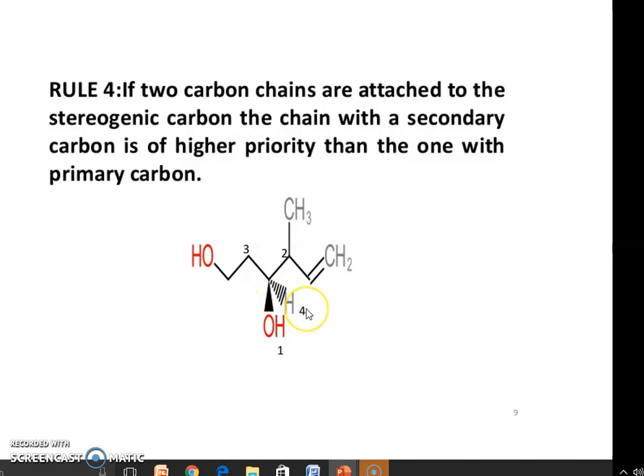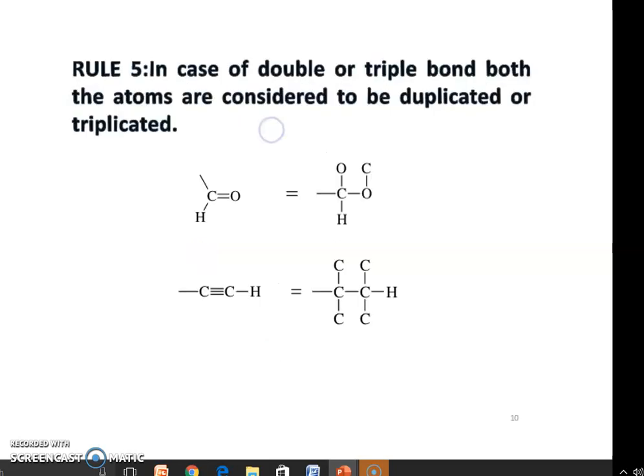Like this we can assign the priority if the stereogenic carbon is attached to two carbon chains, depending upon secondary and primary carbon atoms. In case of a double or triple bond, both atoms are considered to be duplicated or triplicated.